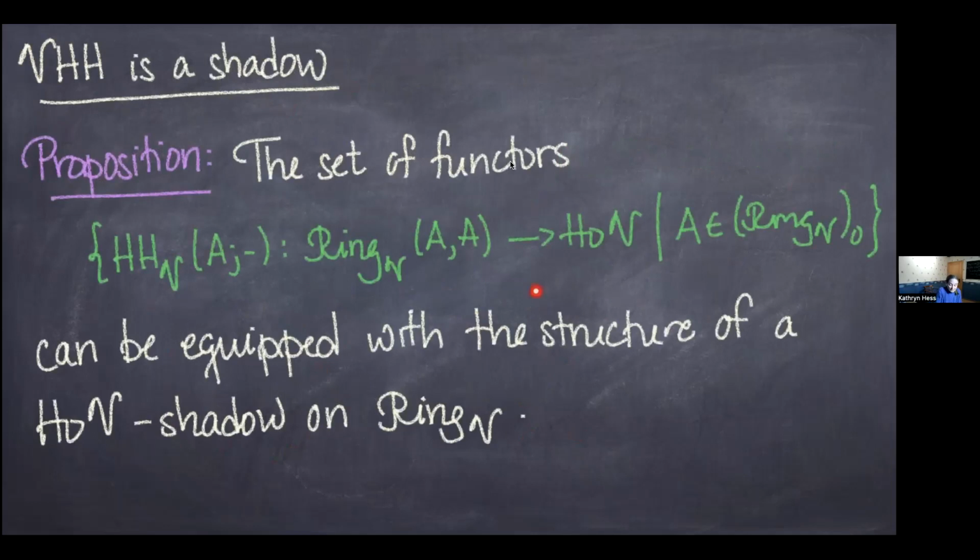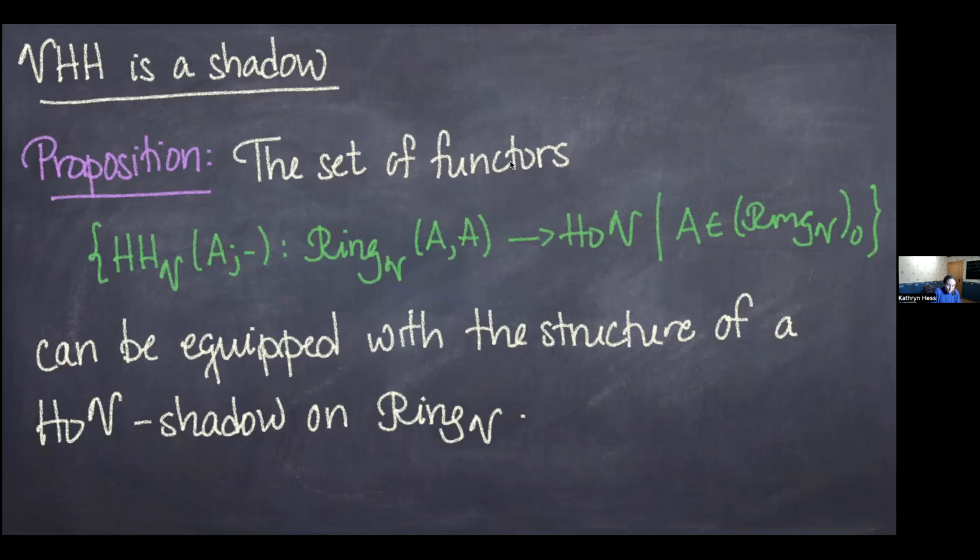If I look at this collection of functors, okay, so this is Ring V(A,A), the endomorphism category of one of these objects A, and I look at the functor HH^V(A; -), where I can plug in any A-A bimodule, that's going to give me an object in the homotopy category of V. And it turns out you can equip this with the structure of a shadow on the bicategory Ring V, whose target is the homotopy category of V.